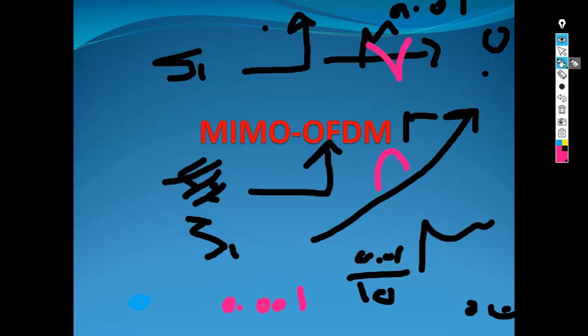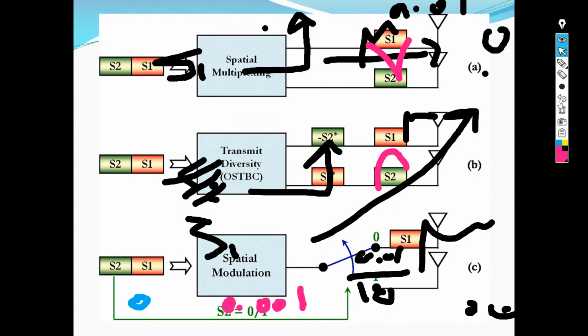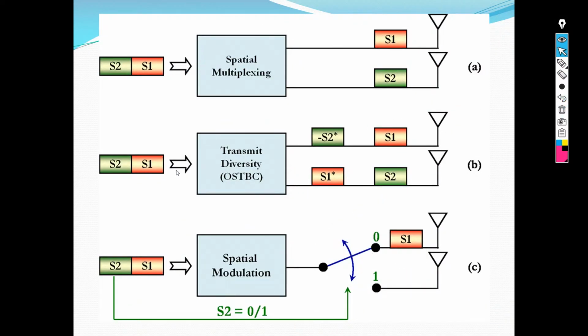What do I mean by this? Let's go to this figure. The researchers came up with a new transmission scheme, a new encoding scheme for the MIMO system, in order to improve the diversity.